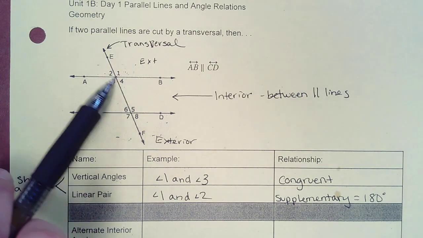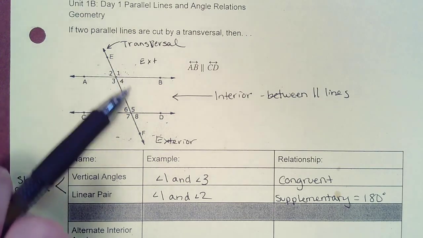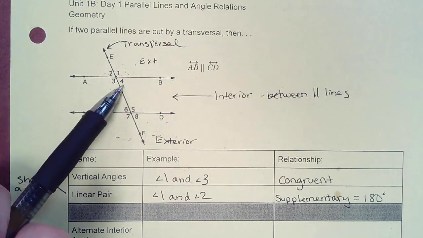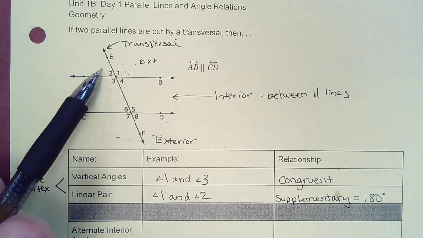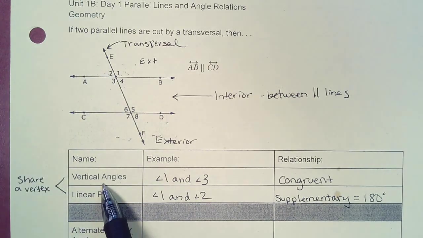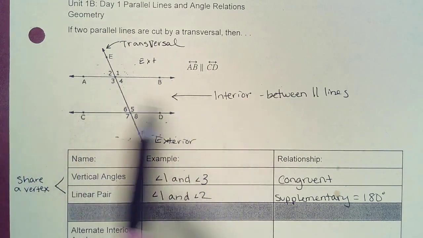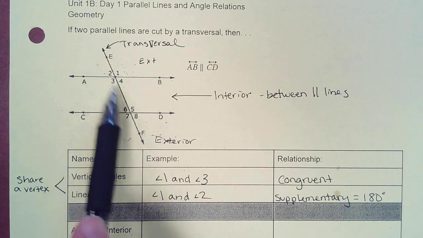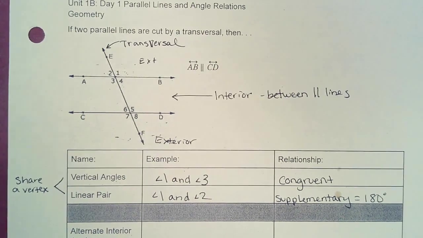So if angle 1 was 100 degrees, then angle 4 would have to be 80 degrees because they sum to 180. And similarly, if angle 1 is 100 degrees, 2 is 80 degrees. And now I can see that 2 and 4 would both be 80 because they are vertical angles. I can find a lot of relationships. We have linear pairs all over this, 2 and 3, 3 and 4, 6 and 5, 5 and 8, all through it.